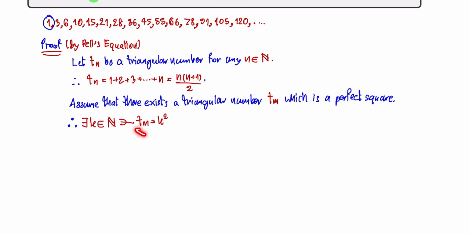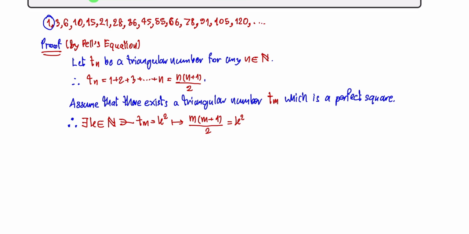And Tm is a triangular number, so Tm turns out to be m times (m plus 1) over 2 equals k squared.